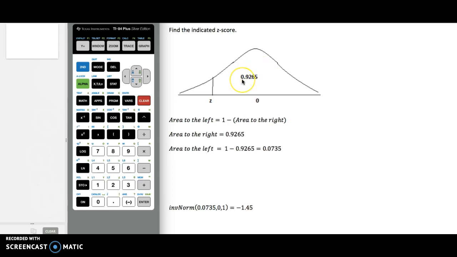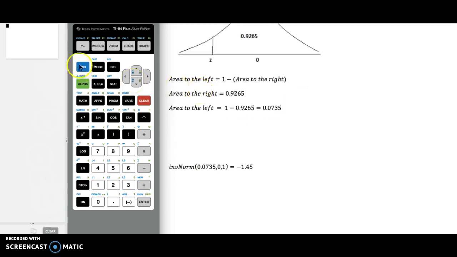The area to the right is 0.9265. So to figure out this area here to the left of the z-score, it's 1 minus this area to the right. So 1 minus 0.9265. So the area to the left is 0.0735. That's what we have to use to calculate this z-score.